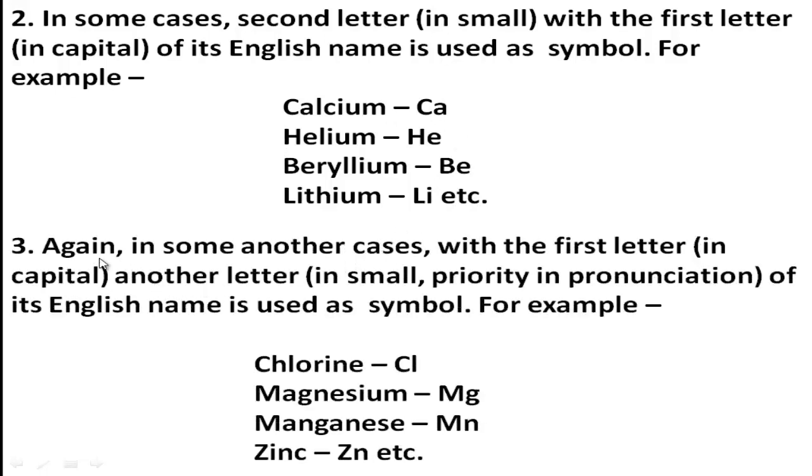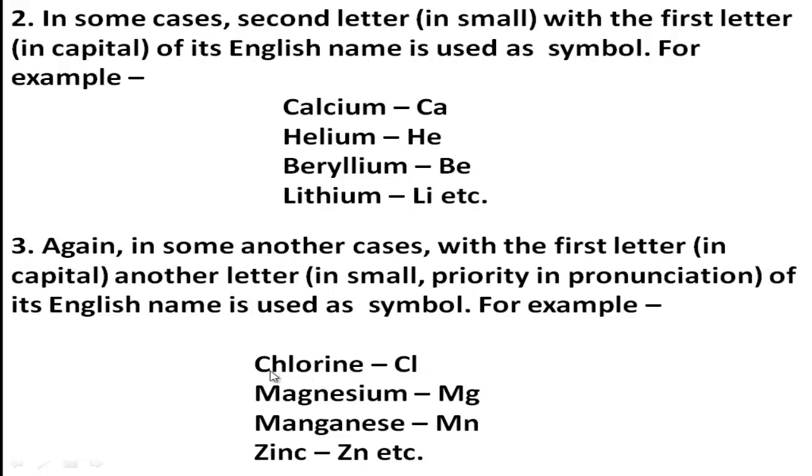Another rule is, in some other cases, with the first letter in capital, another letter in small, which has priority in pronunciation of its English name, is used as symbol. That means with the first letter, another letter which has the priority in pronunciation is used as symbol. Follow here. This is chlorine.